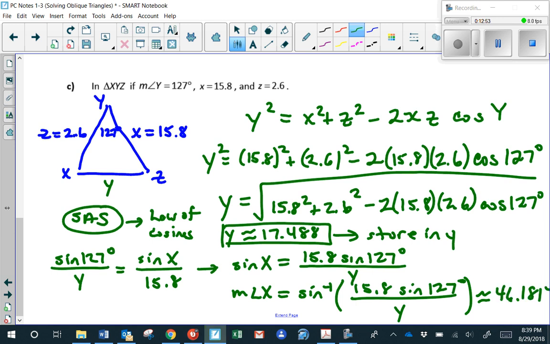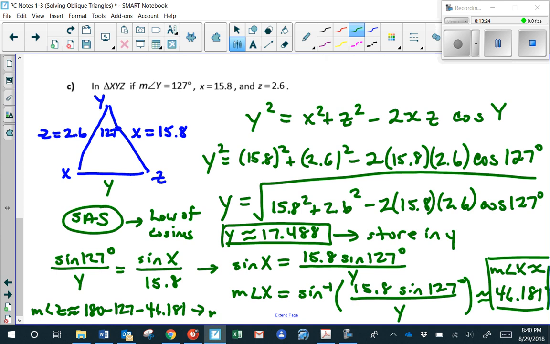Now that we have two angles, we can find the third angle by just subtracting from 180. So measure of angle Z is approximately equal to 180 degrees minus 127 minus 46.181.